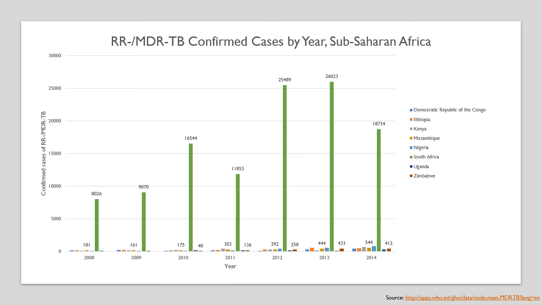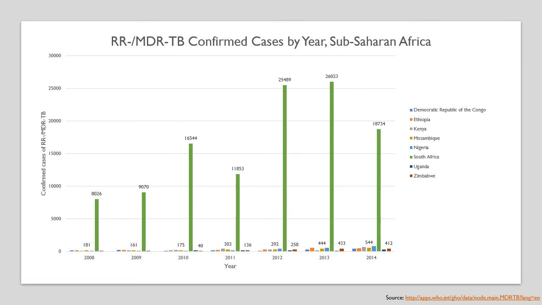And here's where we come to some of the inconsistencies with the data that I was looking at before. South Africa is one of the countries that spends some of the most money in the region on health services, and for some reason they actually have much higher numbers than their counterparts from sub-Saharan Africa.